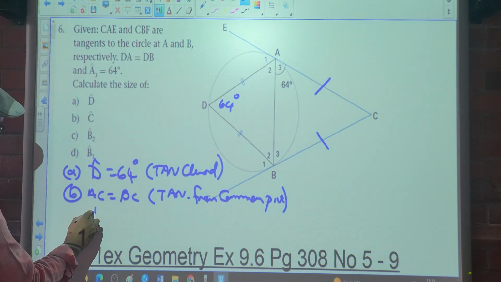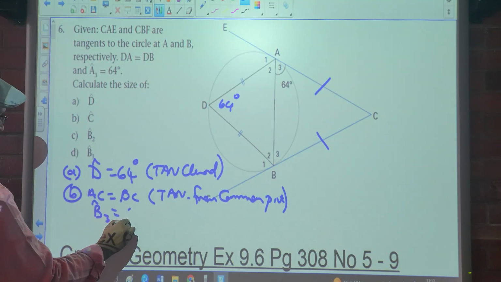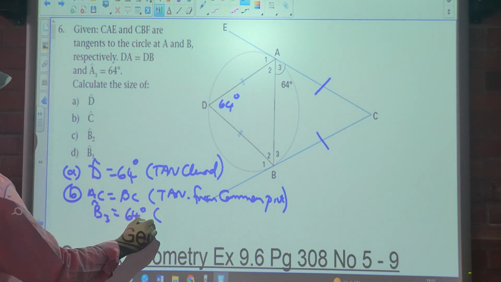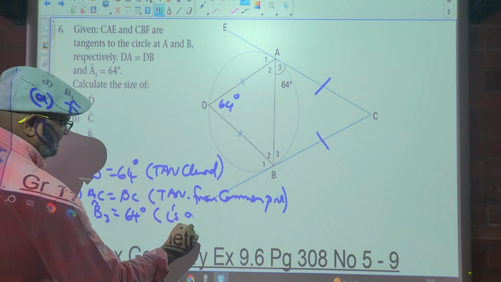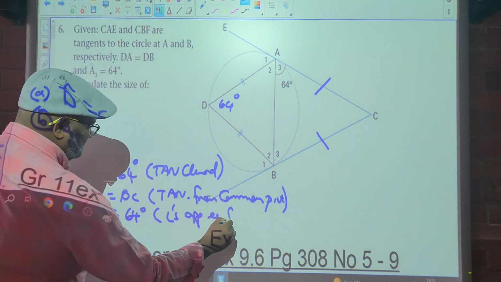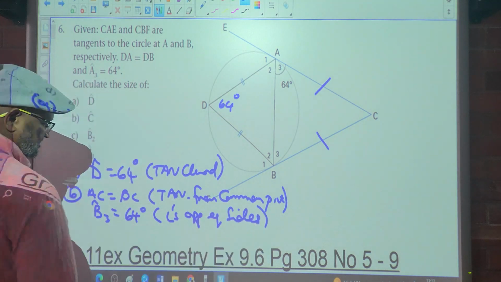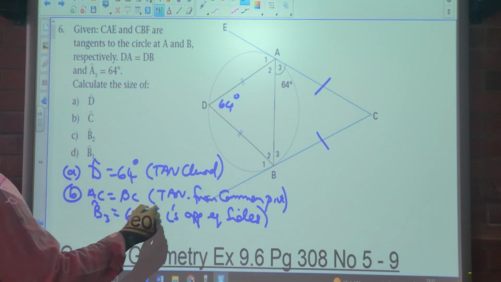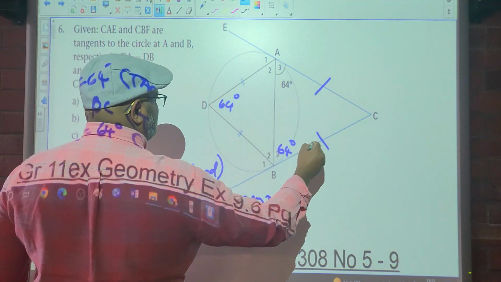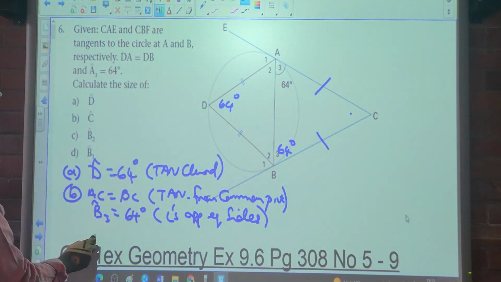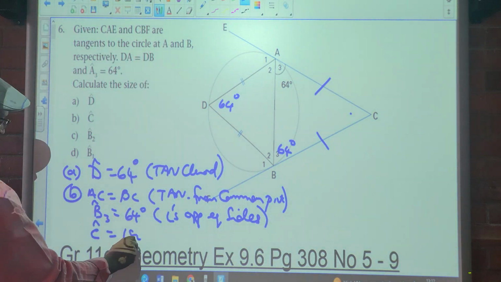Which means to say that B3 is also 64 degrees. Why? Angles opposite equal sides. So 64. So to work out angle C, sum of angles in a triangle. Not so? There's 180 minus 64.